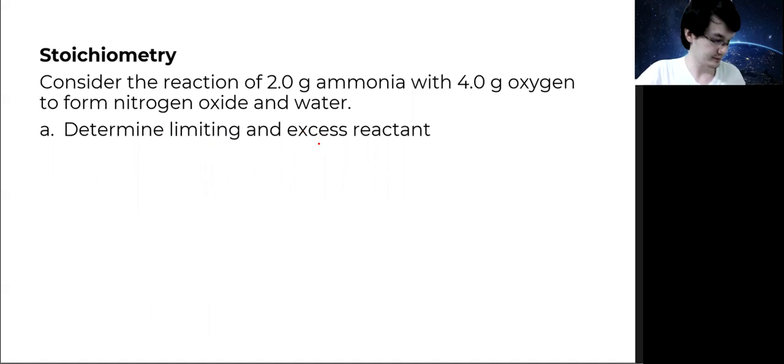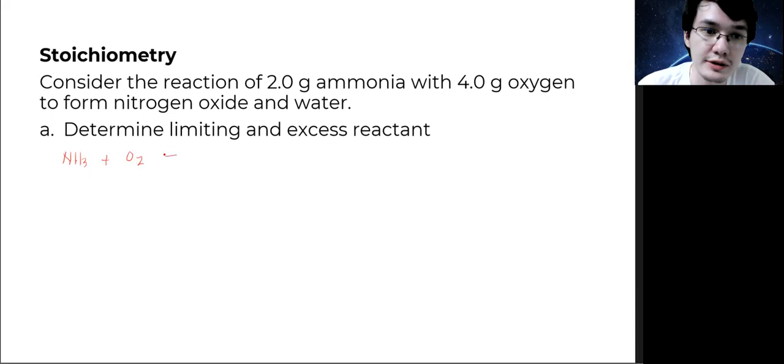So, we calculate for them. First, we should set up the chemical equation. Ammonia plus oxygen produces nitrogen oxide and water. We have 3 hydrogen atoms and 2, so we multiply them by 2 and 3 respectively to get 6.